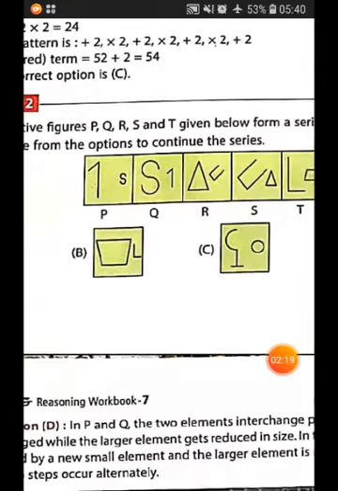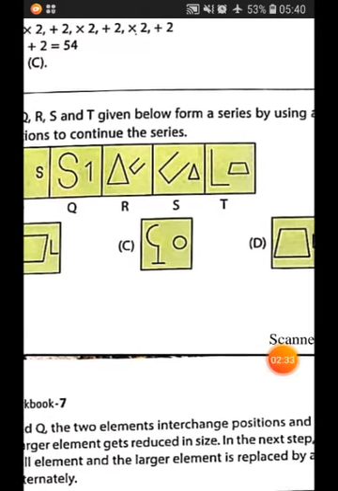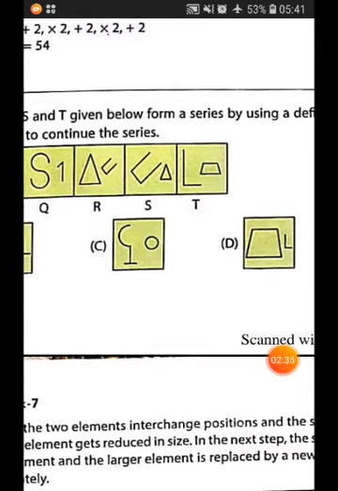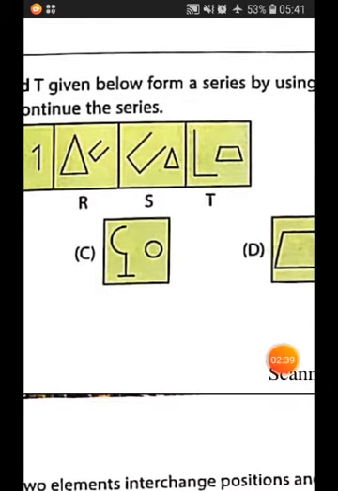Now from moving P to Q we can see that the smaller element is getting enlarged and the bigger one is getting shorter. So from R to S again we can see that the smaller element, that is some incomplete rectangle, is getting enlarged and the bigger element is getting shorter.